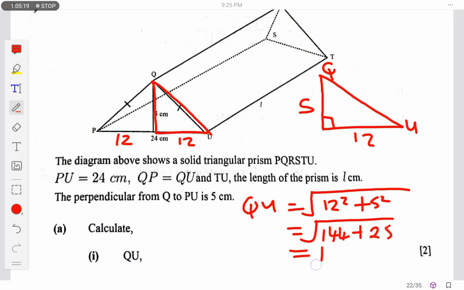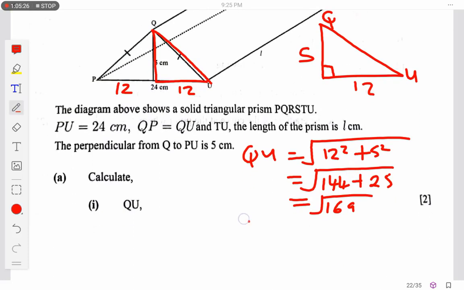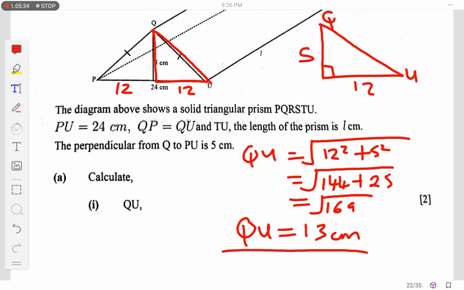So this is going to be the square root of 169. So square root of 169, I think we have done this on this question. QU is going to be equal to 13 centimeters. Okay, we are done with that part. Let's move on to the next part of the question. Okay, so we can write here, this is 13 centimeters.